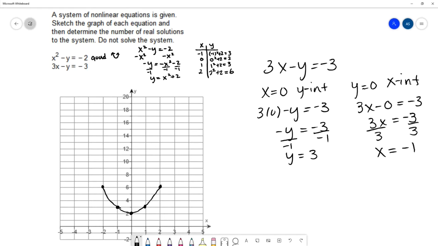So for the second equation, we're going to plot the ordered pairs 0, 3 and -1, 0. We'll connect those 2 points with a straight line.